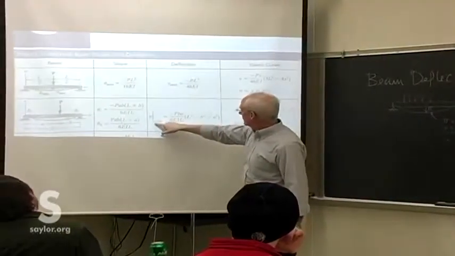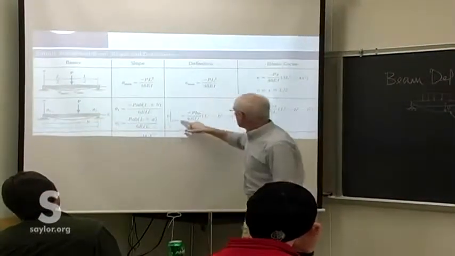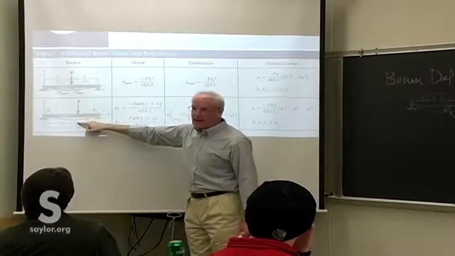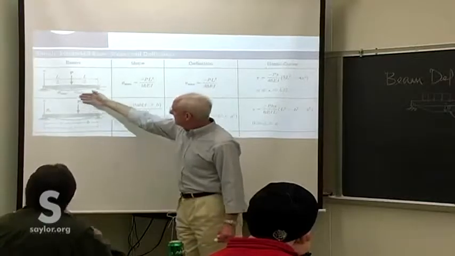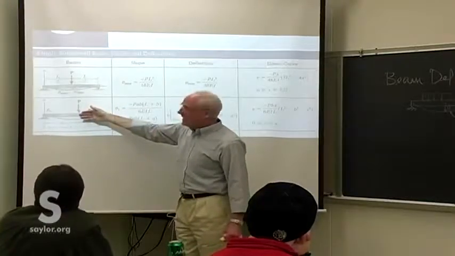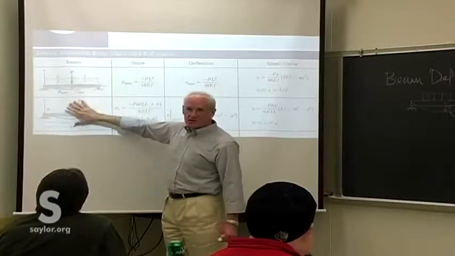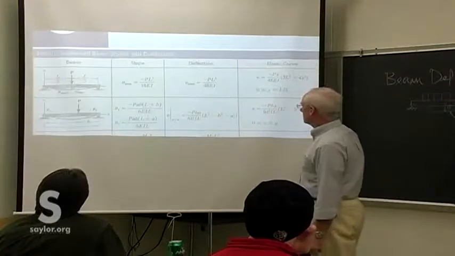Also available, though, is the deflection at a certain point. This is not the point of maximum deflection, it's just the deflection where the load happens to be. And that may be what you need. If this was a floor beam and this was a wall on that beam, you'd want to know the deflection right there, because it could deflect enough that the wall separates from its own ceiling above.